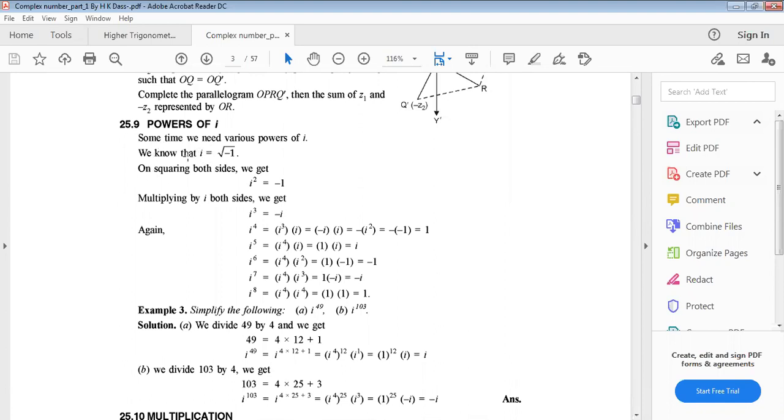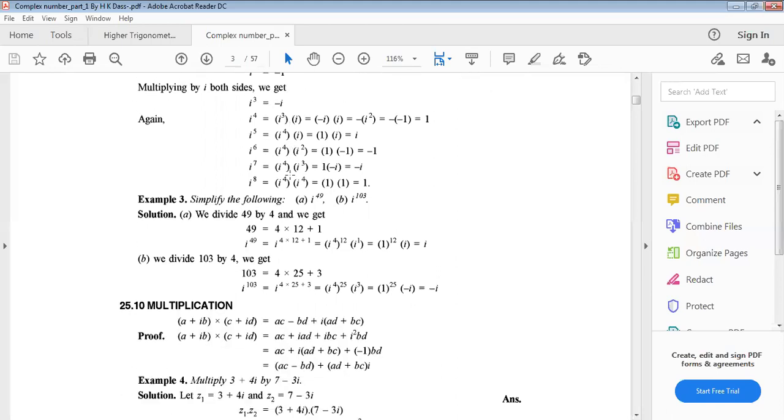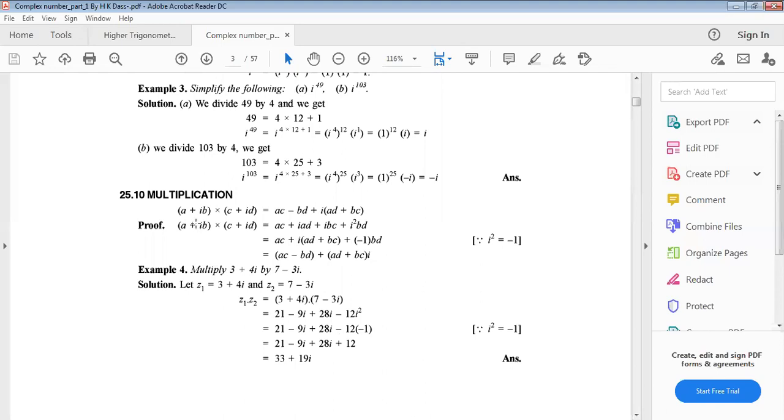Remember that i is the imaginary number, i equals square root of minus 1. If we take the square on both sides, i square equals minus 1. Remember it, we have to use this i square equals minus 1 in different examples. So if we take the multiplication of two complex numbers, then we get another complex number.